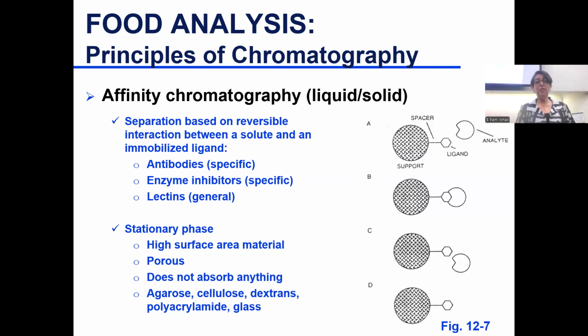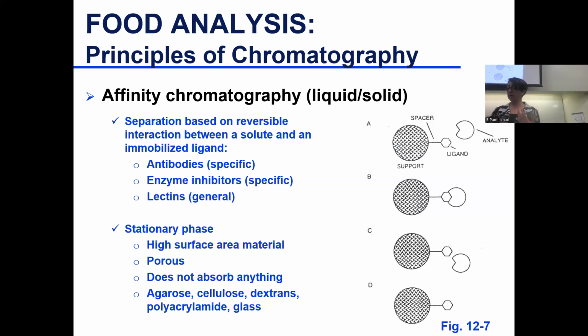So the stationary phase has the support, which we call an inert support, that does not interact with your molecule. It's porous and it has a spacer, usually a carbon chain spacer. And then your ligand, to which your analyte can bind specifically. So it targets a specific analyte, and any other components in your mixture will not bind.